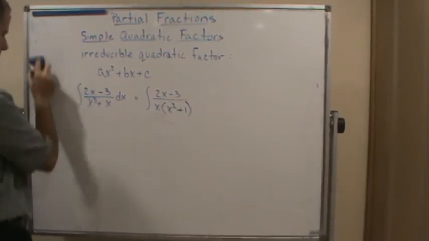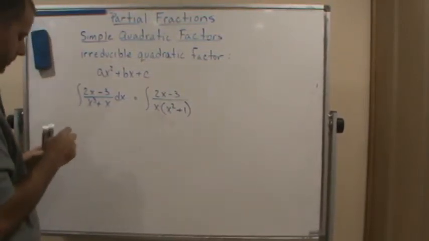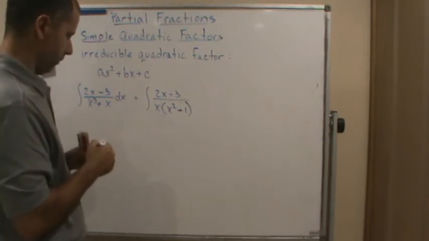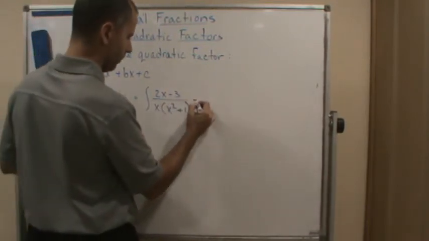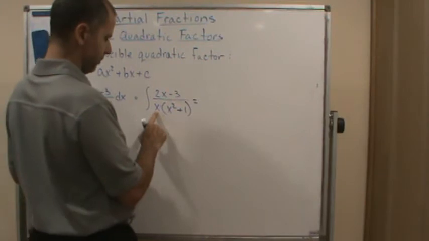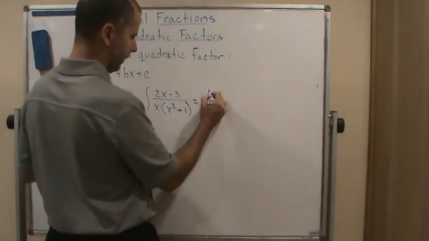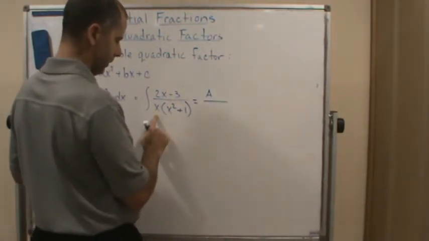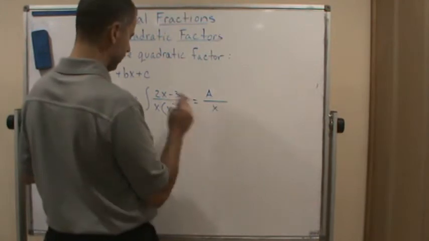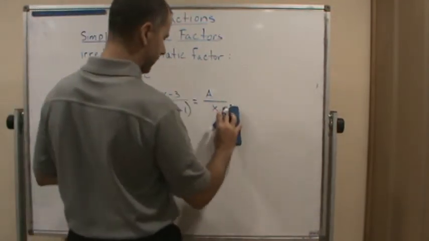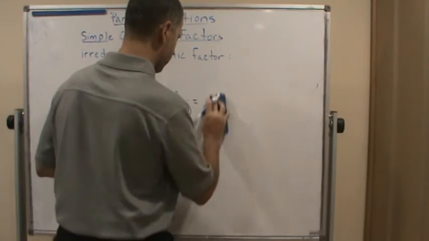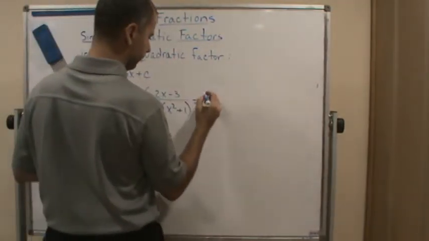We know how to deal with the linear factor: this is going to be a over x, because it's a linear factor.